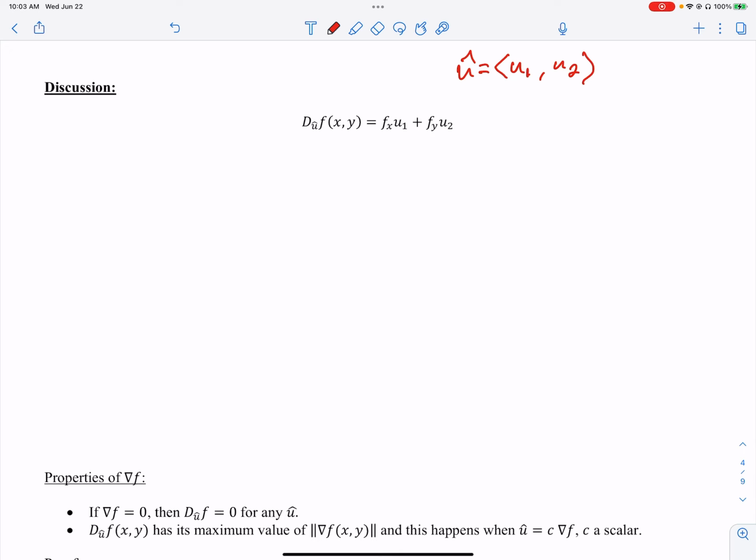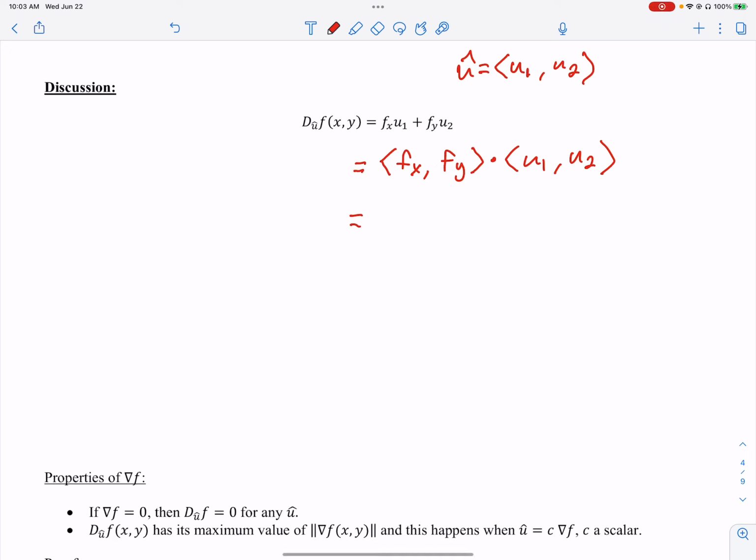Right? Notice here that we have a dot product happening. We have f_x, the partial with respect to x, partial with respect to y, that vector dotted with (u1, u2). Take a moment, remind yourself of the dot product formula. We multiply our coordinates and add them together.